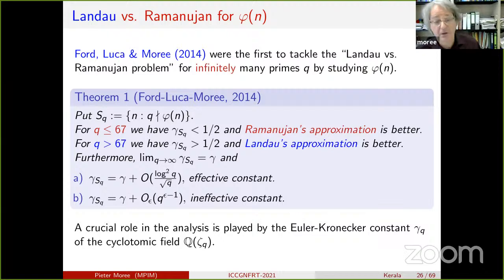But this Euler constant is 0.5772 and so on, which is bigger than a half. And this means that the Landau approximation is eventually winning. Yeah, and a crucial analysis in that work used a study of the Euler-Kronecker constant for a cyclotomic field.